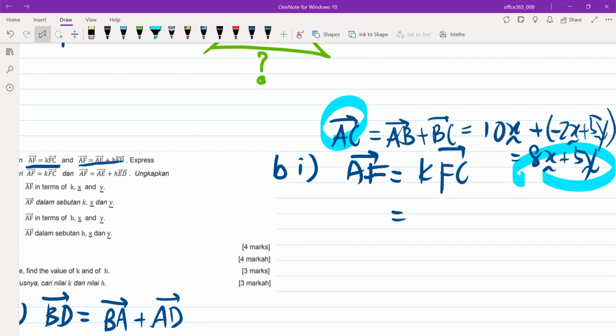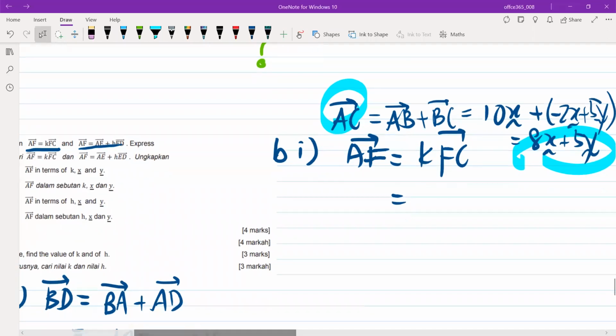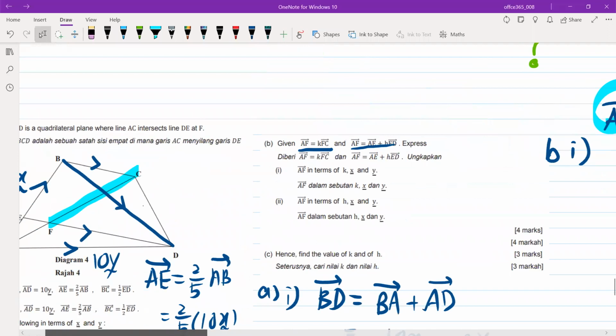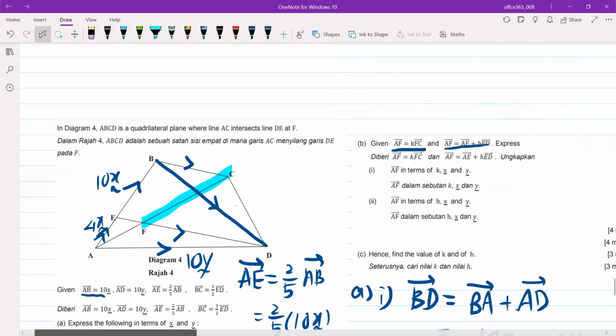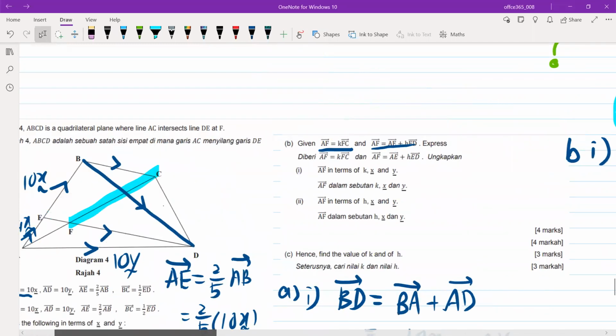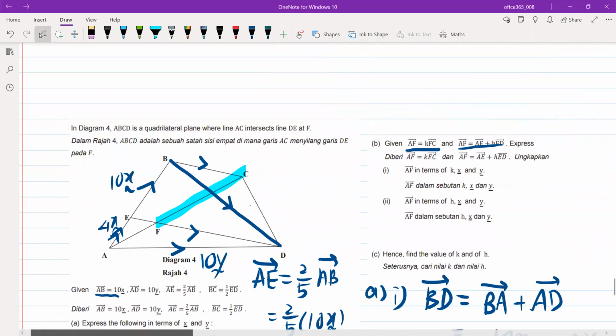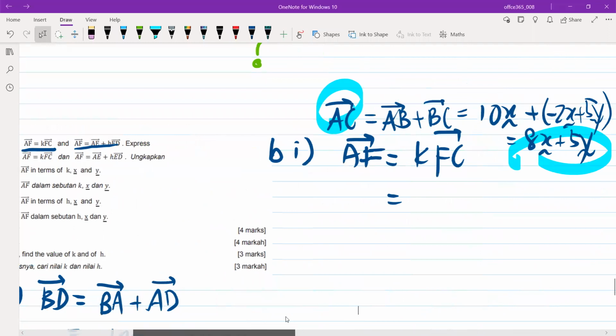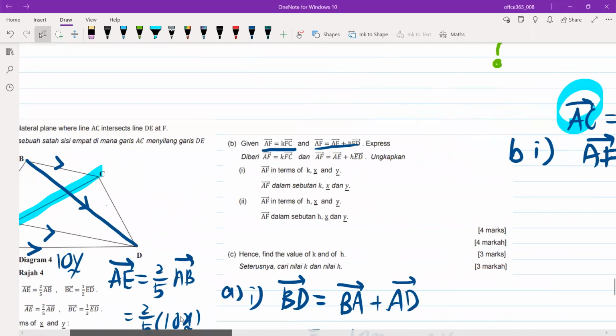The thing is, you have to know the whole relationship between AC and FC. Can you see I got AC already?